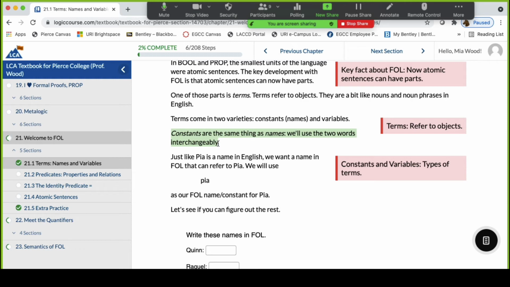Remember when I gave sentences about Walter barking, or Walter's in the backyard, or when we were talking about the identity symbol, Walter's identical to Wawa. Or I said Lady Gaga is identical to Stephanie. We use the lowercase full name or lowercase letter, okay?